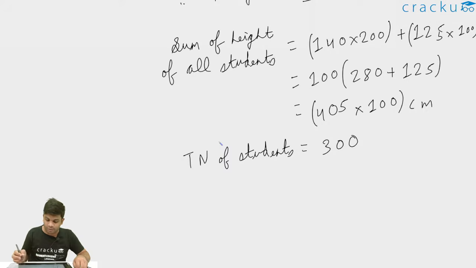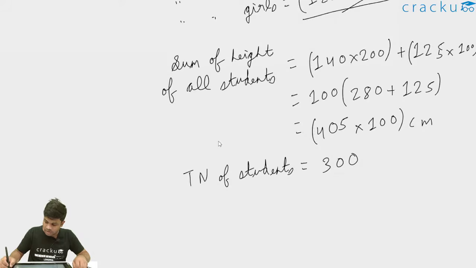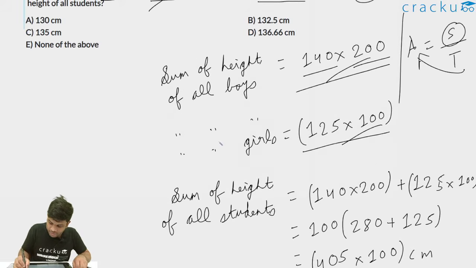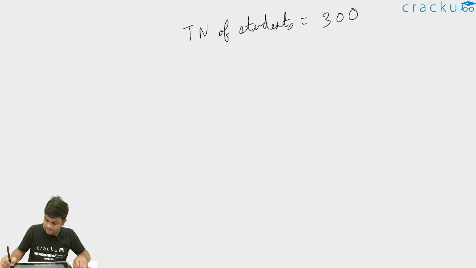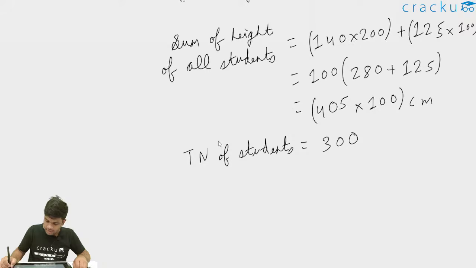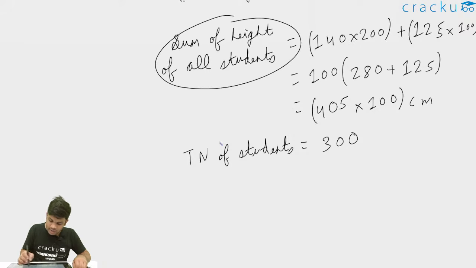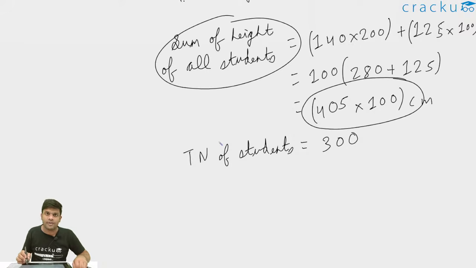Now again we have to find the average height of the school. In the question we can see that it asks what is the average height of all students. So we have the sum of height of all students, which is equal to 405 into 100. We have the total number of students, which is equal to 300.